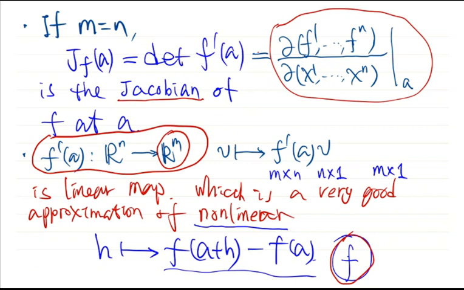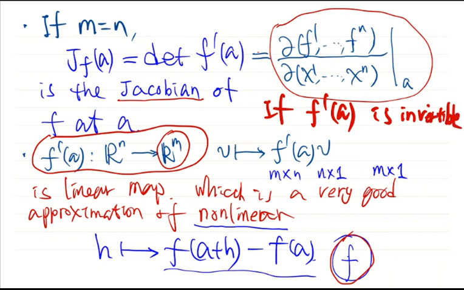For example, we will prove that if the linear map determined by the Jacobian matrix f prime a is a linear isomorphism, or invertible, then locally f is also invertible.